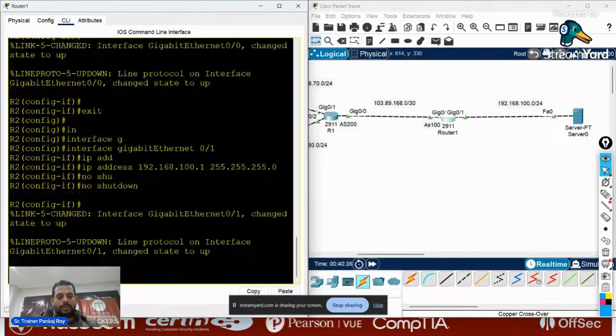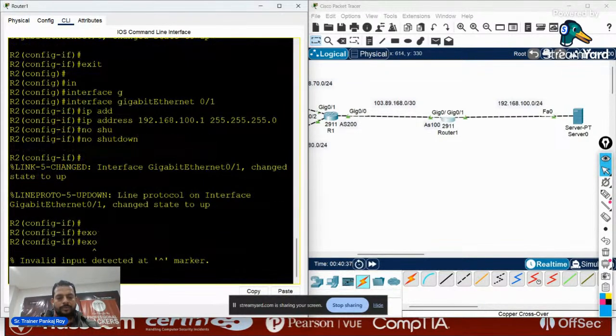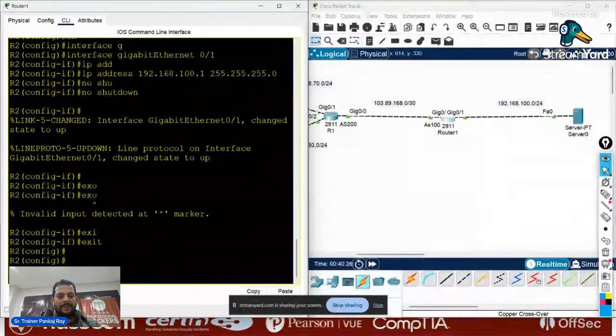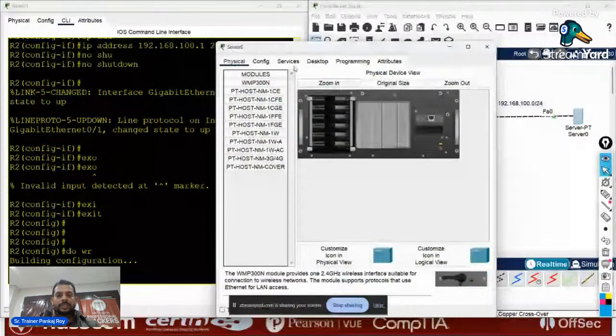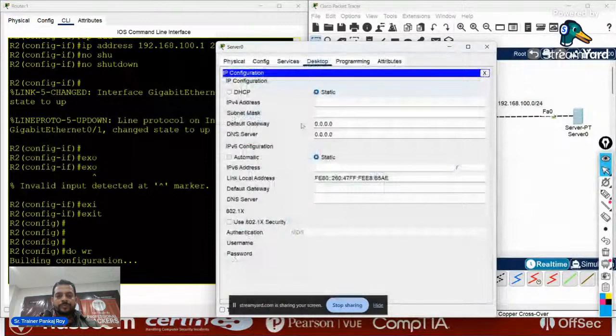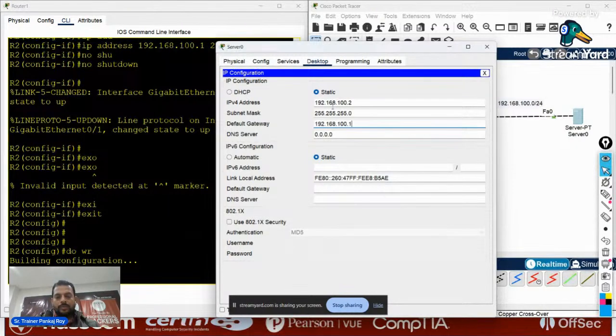No shutdown, exit. Okay, so all the IPs have been set, but one is still not done: the server. So first set the server IP, 100.2.1.